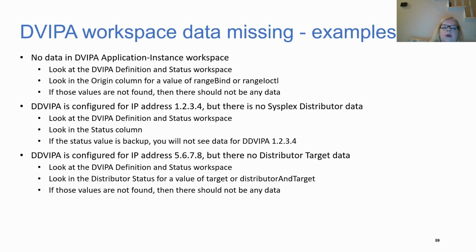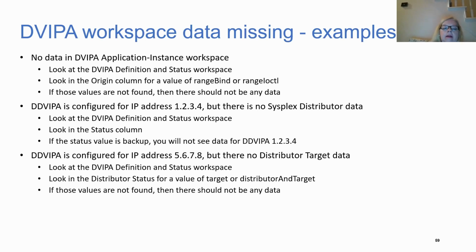In that case, you look in the status column, and if that status value is backup, you're not going to see distributed VIPA 1.2.3.4 because it's not active. Now, if that backup becomes active, you will see that active, and the DVIPA that it was the backup for, you will not see when we update the information.